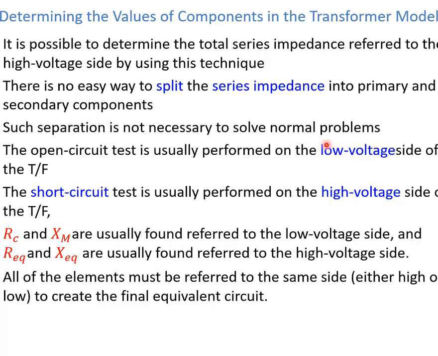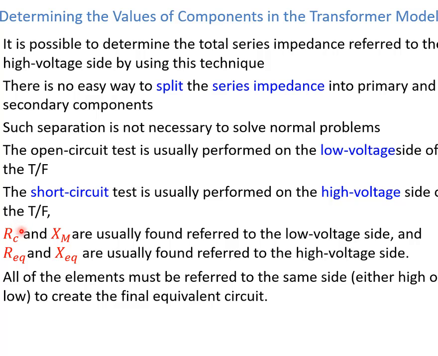That's why we perform the open circuit test on the low voltage side, and the short circuit test is usually performed on the high voltage side, because we are not applying the full voltage; it could be a very small voltage as compared to the 11 kV or whatever high voltage we are using.